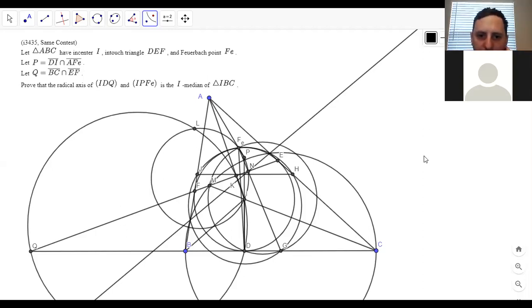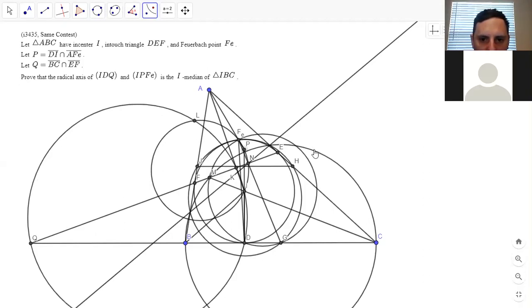I wonder what P inverts to. Yeah, we don't really have anything special for that. So L and I, we want to prove they get swapped. Kind of define FE and N to get swapped.